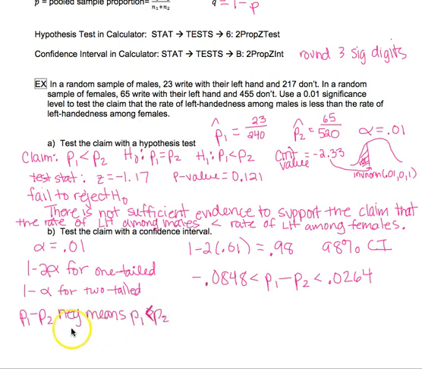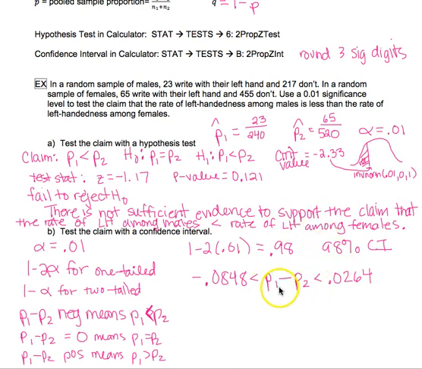Means that P1 is less than P2 if it's negative, because smaller minus bigger gives me a negative number. If P1 minus P2 is 0, that would mean that P1 and P2 are equal. If P1 minus P2 is positive, that would mean that P1 is greater than P2.